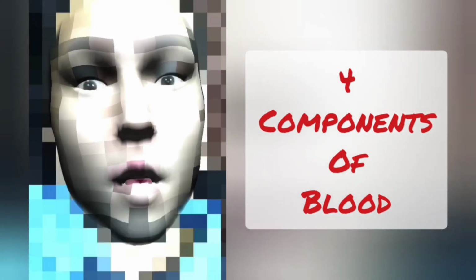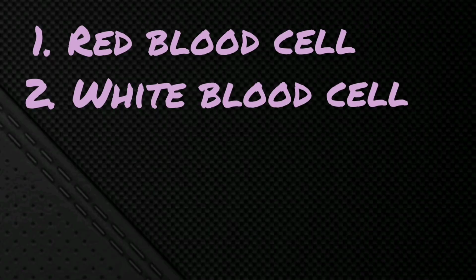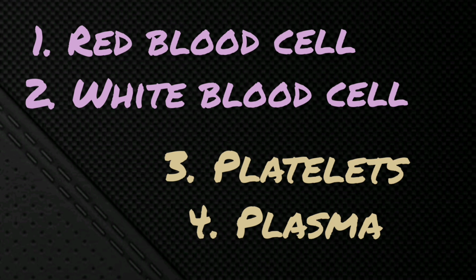So you see, we have 4 components of blood: red blood cell, white blood cell, platelets, and plasma.